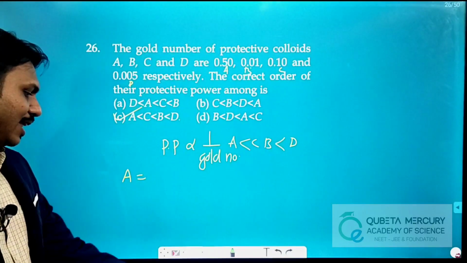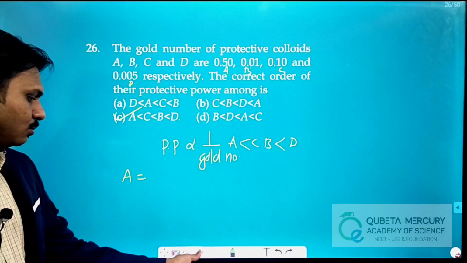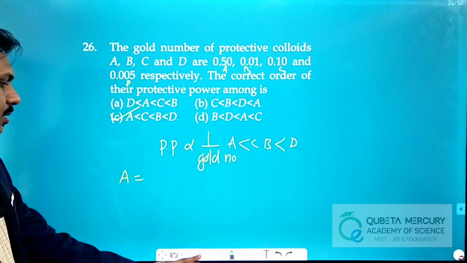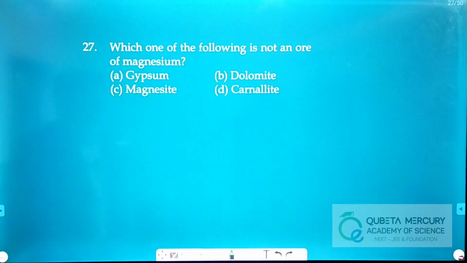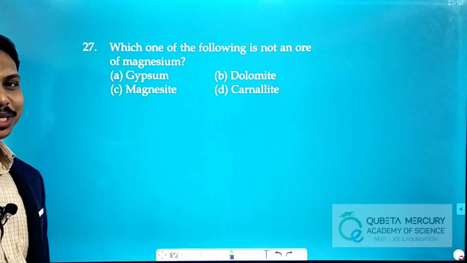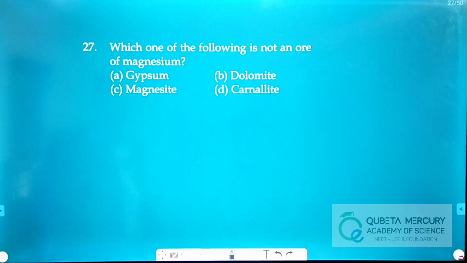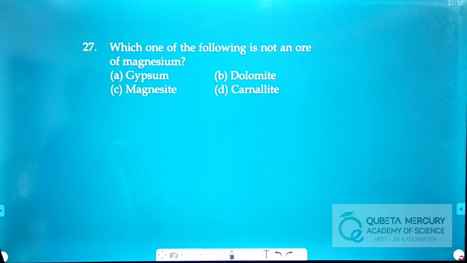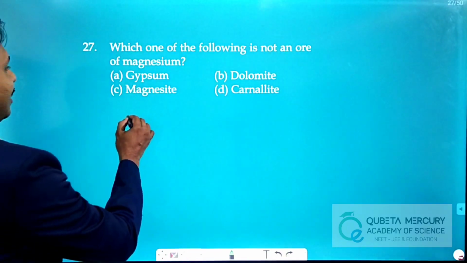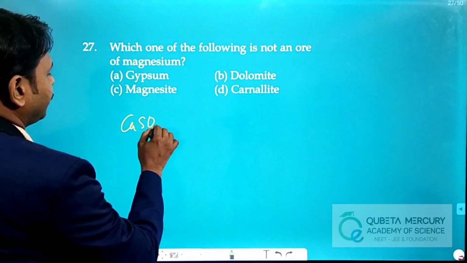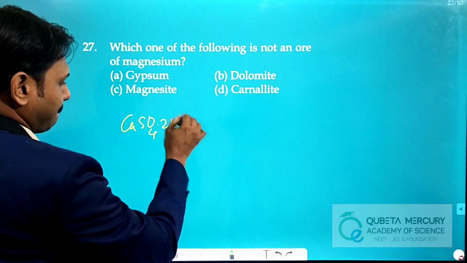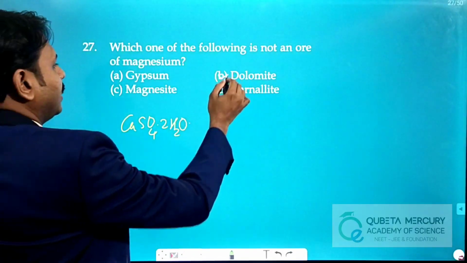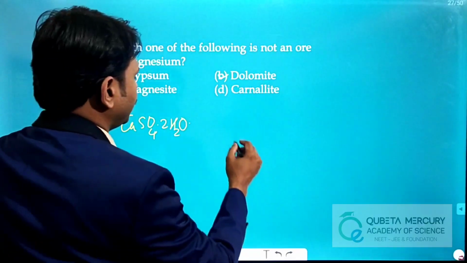Okay, next one. Direct question. Moving on. Next question. Which one of the following is not an ore of magnesium? Very simple question. First option is the right option. That is gypsum. Gypsum is an ore of calcium. Gypsum is calcium sulfate 2H2O. Right? Dolomite is an ore of calcium and magnesium.